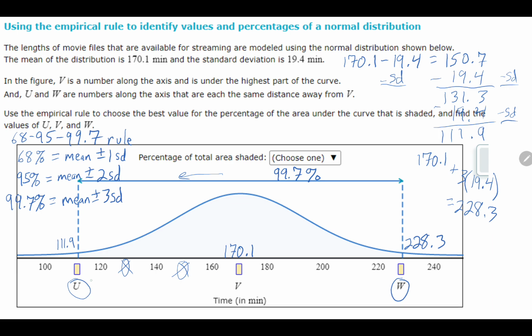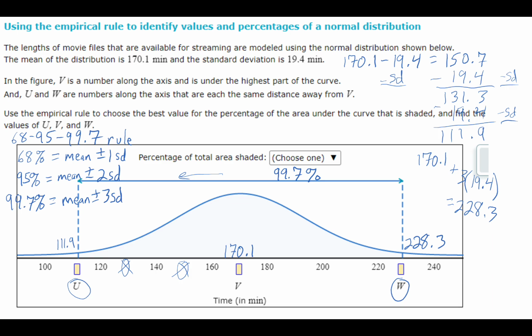Here I counted down. I could have counted up by adding standard deviations. Sometimes one's easier to do than another. Rarely, we're just adding or subtracting. But figure out which one, and then you have to know how many standard deviations did you go, what is that worth on the 68, 95, 99.7%.